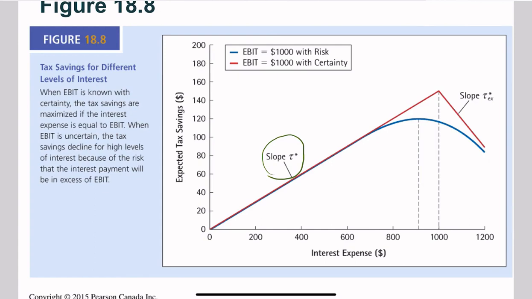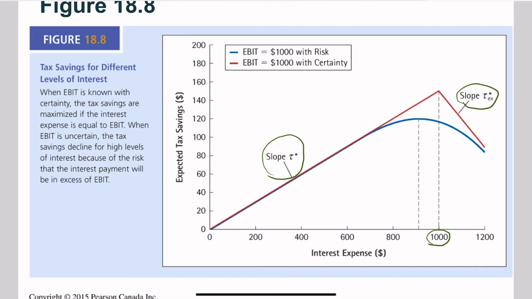However, you can see that after exceeding $1,000 of interest expense, you will have excess leverage. And the tax advantage of debt will become negative. So that's why you have a downward sloping line here.